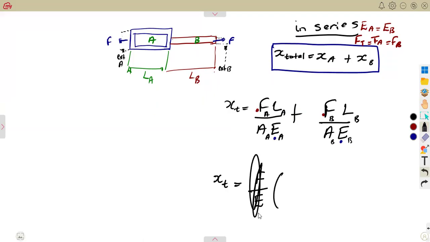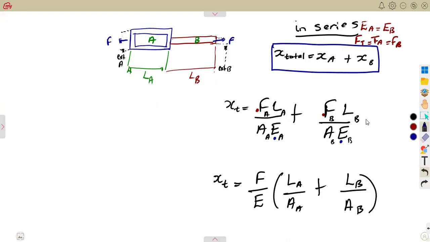It does not matter which force you are taking or which Young's modulus you are using. So you remain with length over area, plus the length at B over the area at B. So we can have this formula in something understandable this way, since the force is the same and the Young's modulus of elasticity is the same.